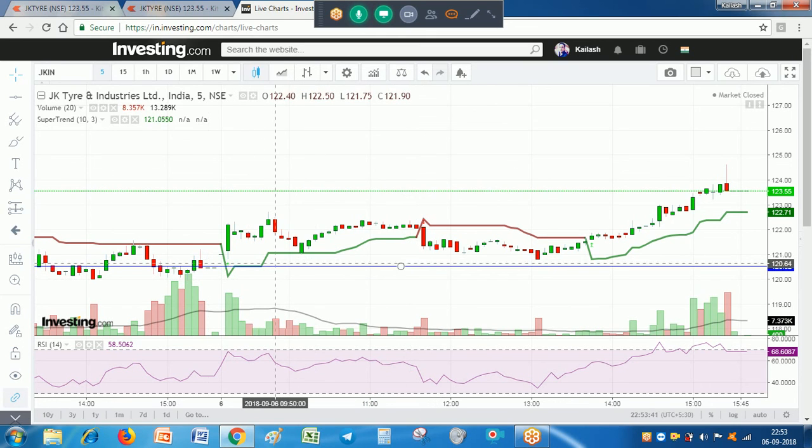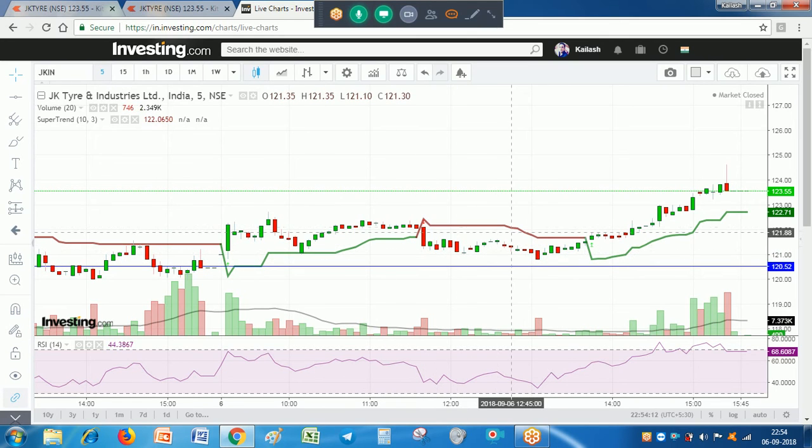If we have bought at this first candle in the range of 121 or so, or even in this range, let us take we have bought somewhere around 121.70, 80, even at this level, we would have kept a stop loss of 120.50. So nowhere has the stop loss been hit. So friends, if we have taken a decision that we have kept a stop loss, then until this stop loss is hit, we will not exit.